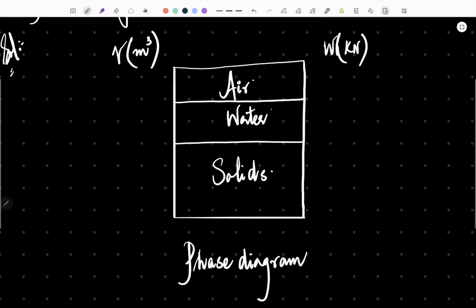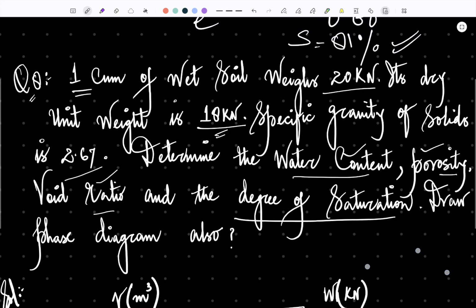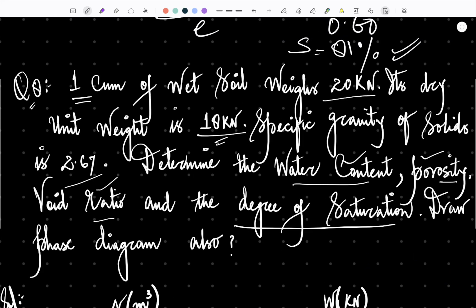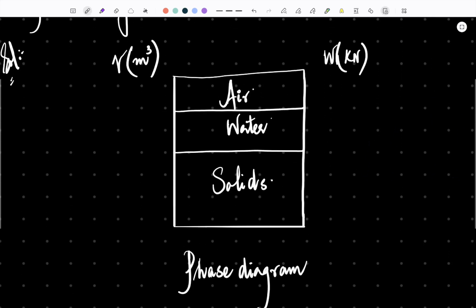All right. Let's see what question has given us. 1 cume of wet soil weighs 20 kilonewtons. 1 cume. That means volume is 1 cume. This is the volume.